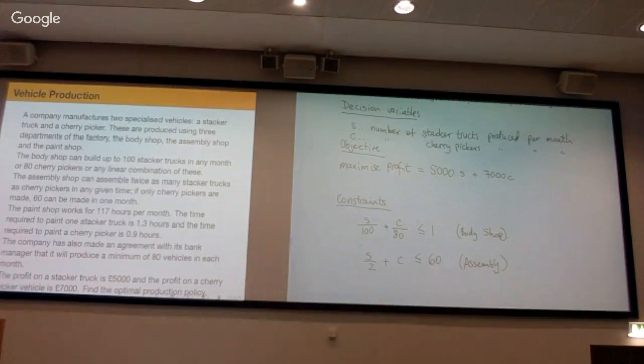And again, you can split the time in that department between stacker trucks and the cherry pickers. So you can get everything. Some people do 60 of these and 30 of these. Make sense? Well, that's what it is.